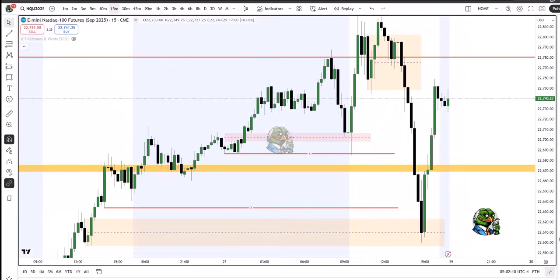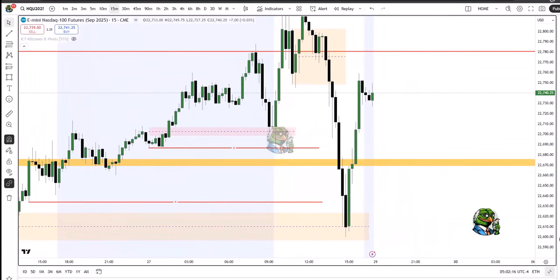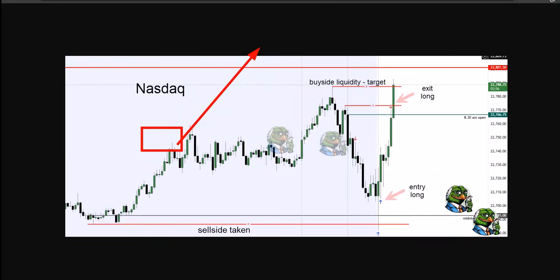And on this side, if I look at the short, we are targeting these equal lows, right? We are targeting folks who have sell stops beneath that consolidation for long positions. So study the charts, study the time, right, and the long entry for the market maker buy model, right here in the New York AM session, is also time based.